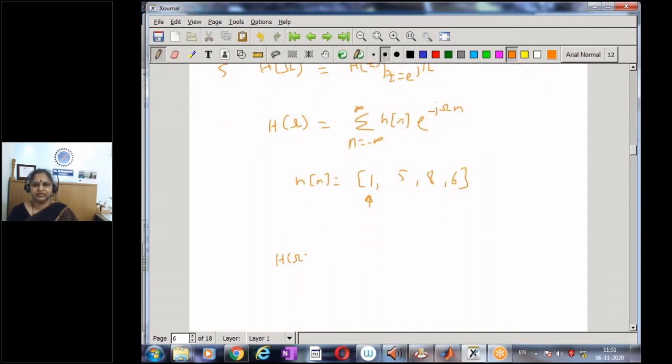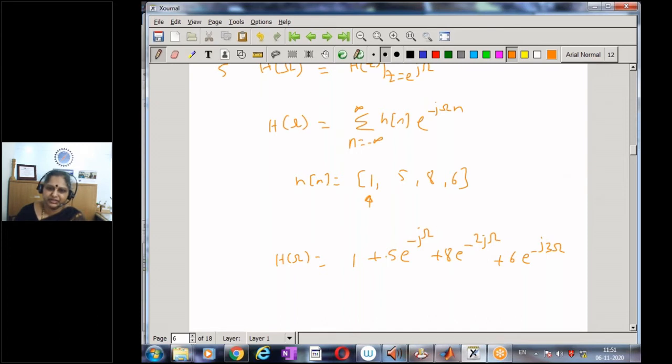And what we have is H of omega is 1 e power j0 plus 5 e power minus j omega plus 8 e to the power of minus 2j omega plus 6 e to the power of minus 3j omega. So this is either way.